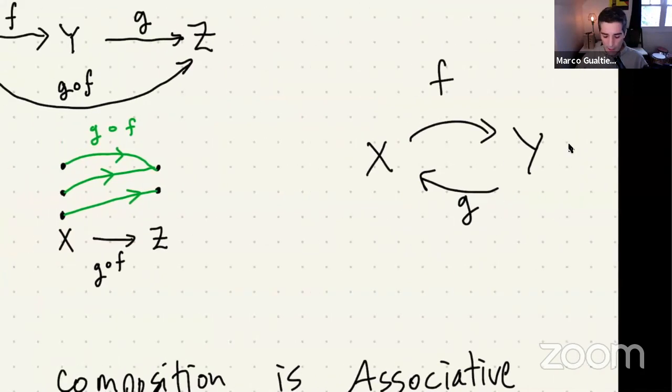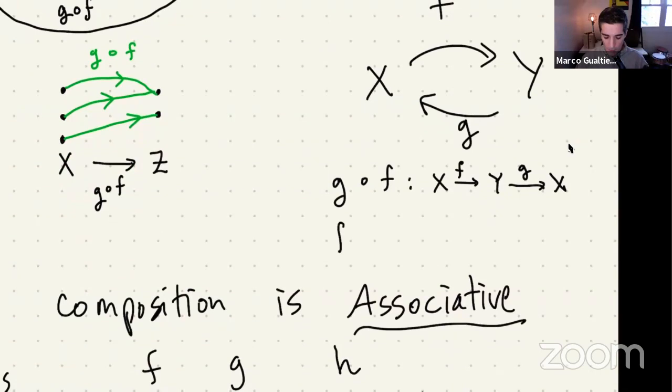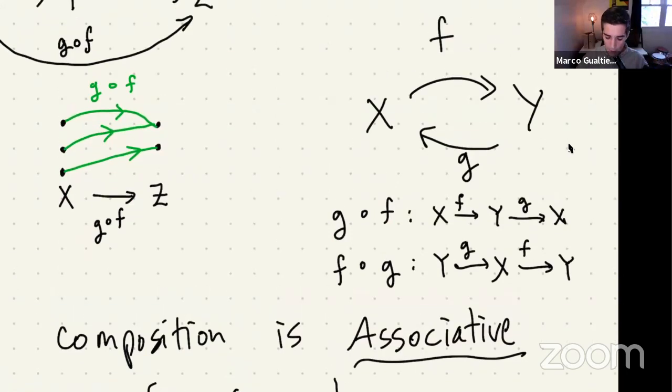So in this special case, F compose G, what does this mean? This means that we start at X, we go to Y, and then we go to X. We first apply F, and then we apply G. But in this special case, it is possible to do them in the opposite order, because that would start at Y, go to X using G, and then go using F back to Y. So this composition, let me draw it like this.